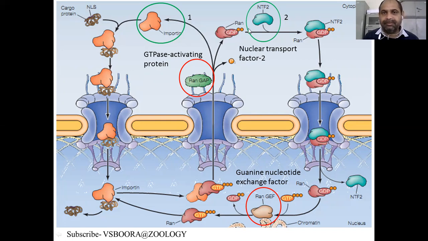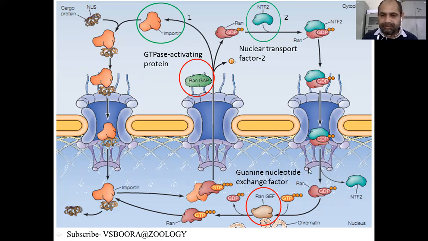RAN with GTP binds with NTF2, the nuclear transport factor 2, and the importin protein binds with the RAN GTP molecules, forming a complex, which is then imported into the nucleoplasm.